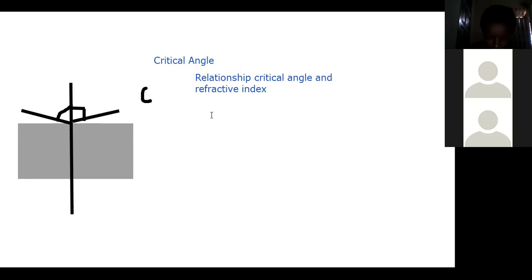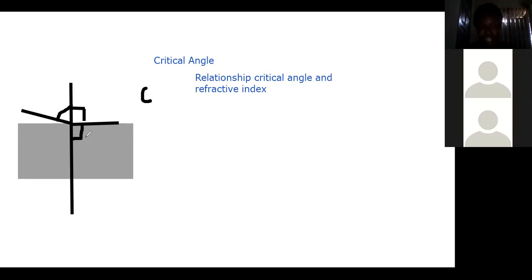The relationship is: refractive index is equal to 1 over sine C. If this is here, I'm going to get an angle of 90 degrees here too. So here too will be 90 degrees in the first medium.